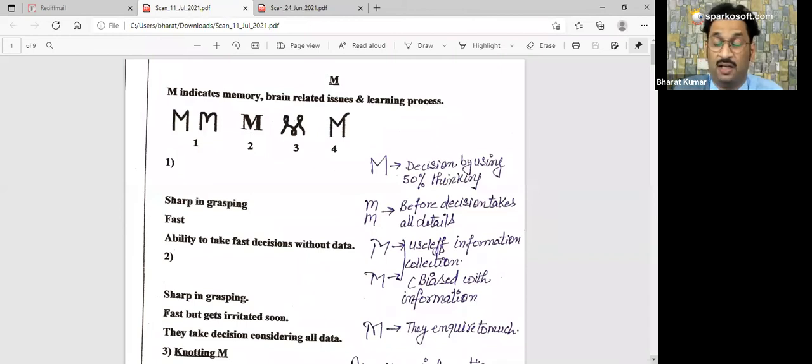Very soon they will get irritated. The reason is very simple. These kinds of people having the second type of M like an extreme level of perfection in everything, and this desire for perfection creates irritation in their life.